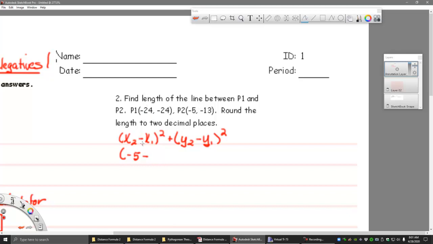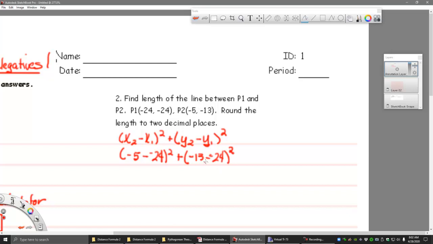Now that subtraction comes from the formula, so don't get that confused. There's a 24, I square it. I'm going to add, I have a -13 for y2, and I will subtract that -24. And remember, that subtraction comes from the formula.